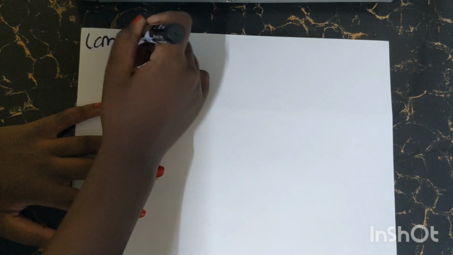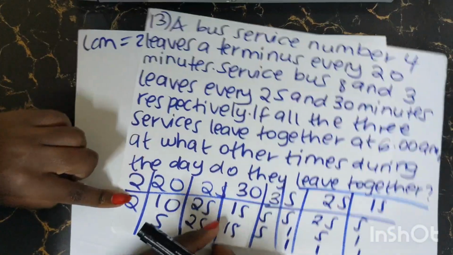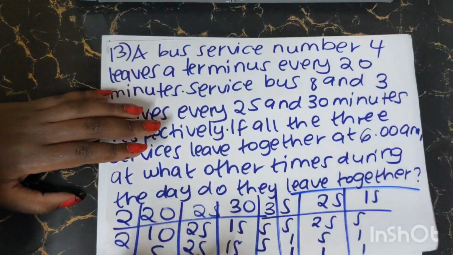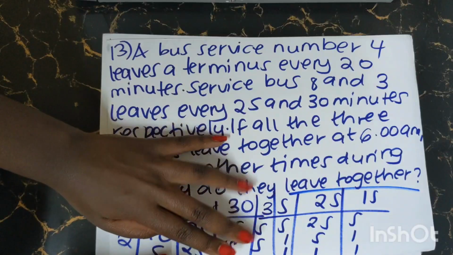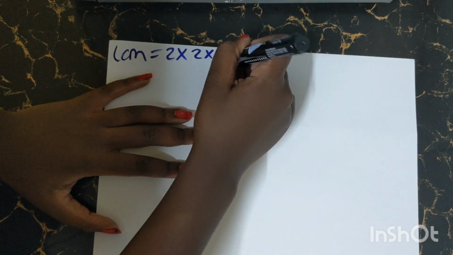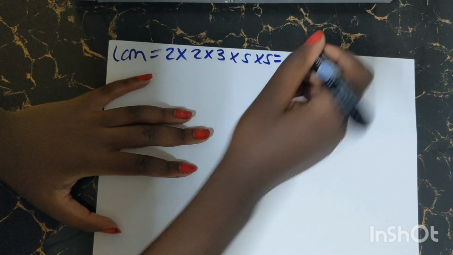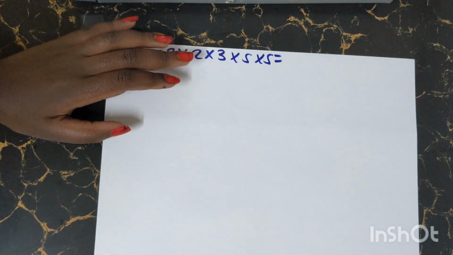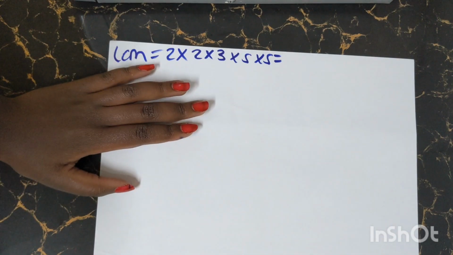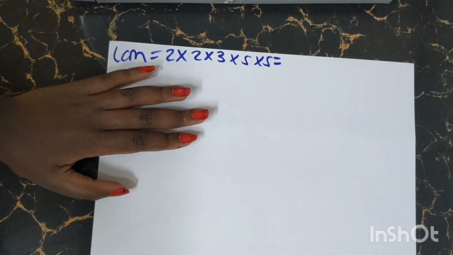Okay, so the LCM will be 2 times 2 times 2 times 2 times 3 times 5 times 5. And when you multiply this, you get 2 times 2 is 4, 4 times 3 is 12, 12 times 5 is 60, and 60 times 5 is 300.